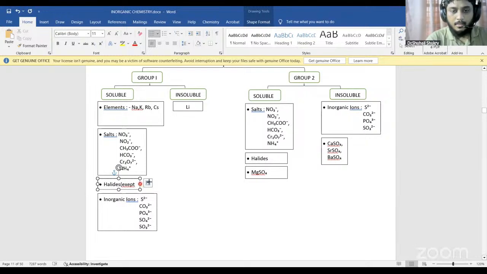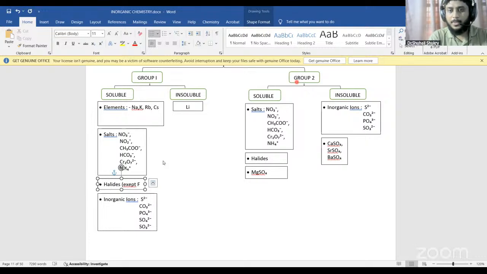It's not right. Except fluorides. I don't know. Is it working? What's halides?